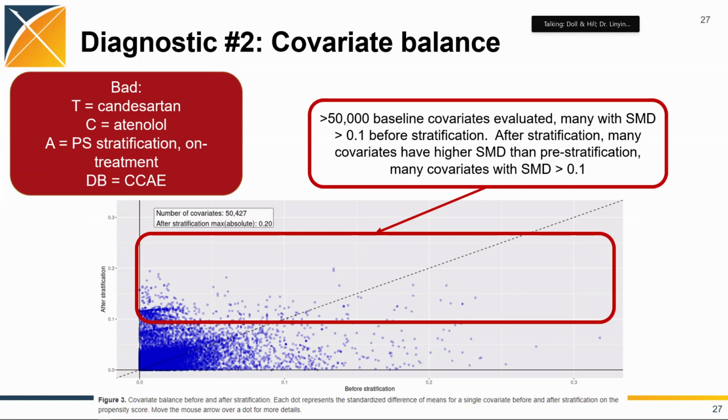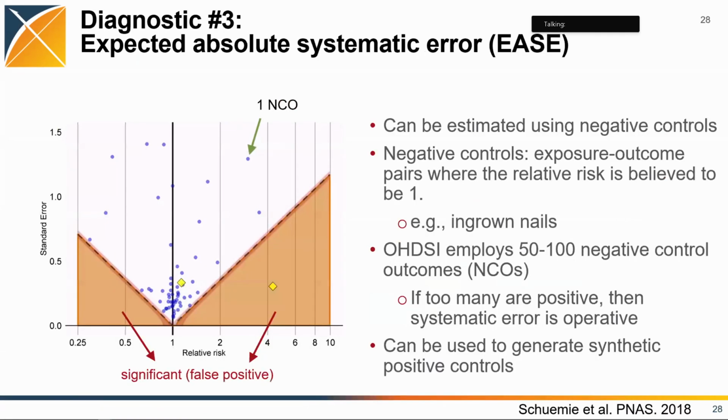These variables that fail covariate balance mean you cannot consider the treatment randomized with respect to those covariates. You either adjust for them in your downstream analysis, or you have to do a sensitivity analysis to ensure that you do not have residual confounding bias from those covariates that missed the diagnostic.